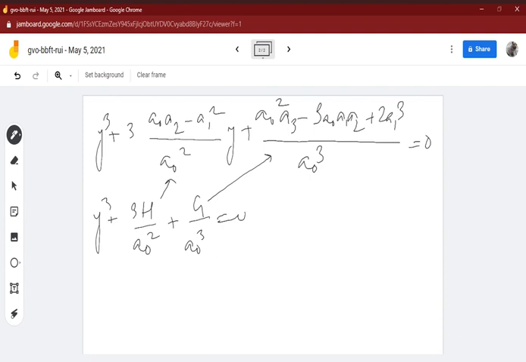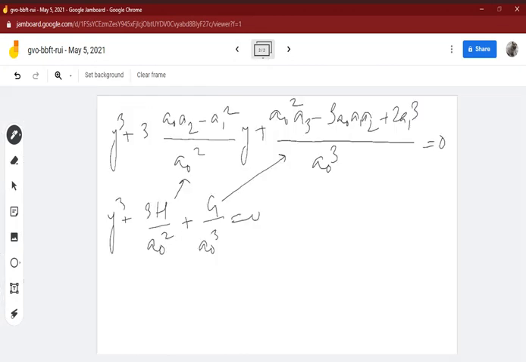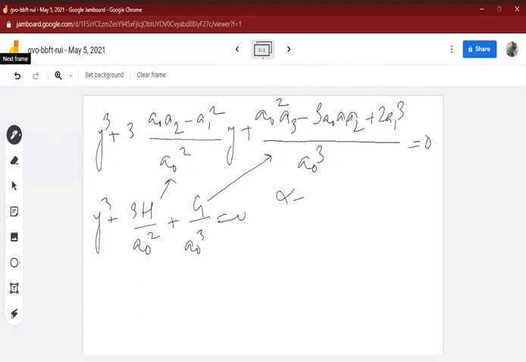Now first, if alpha, beta, gamma be the roots of this equation, then the roots of the transformed equation are, since x is y plus h, so y is equal to x minus h.